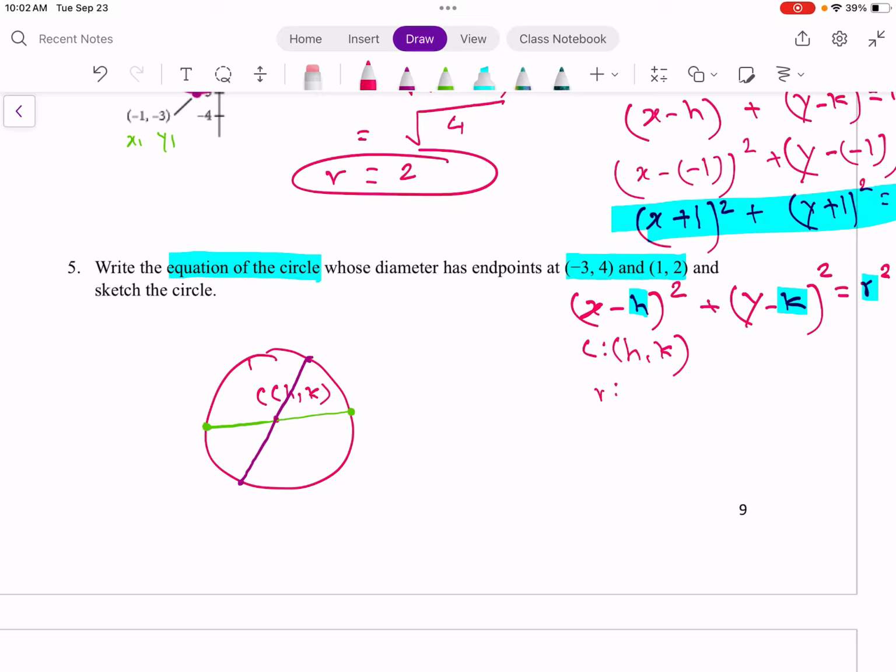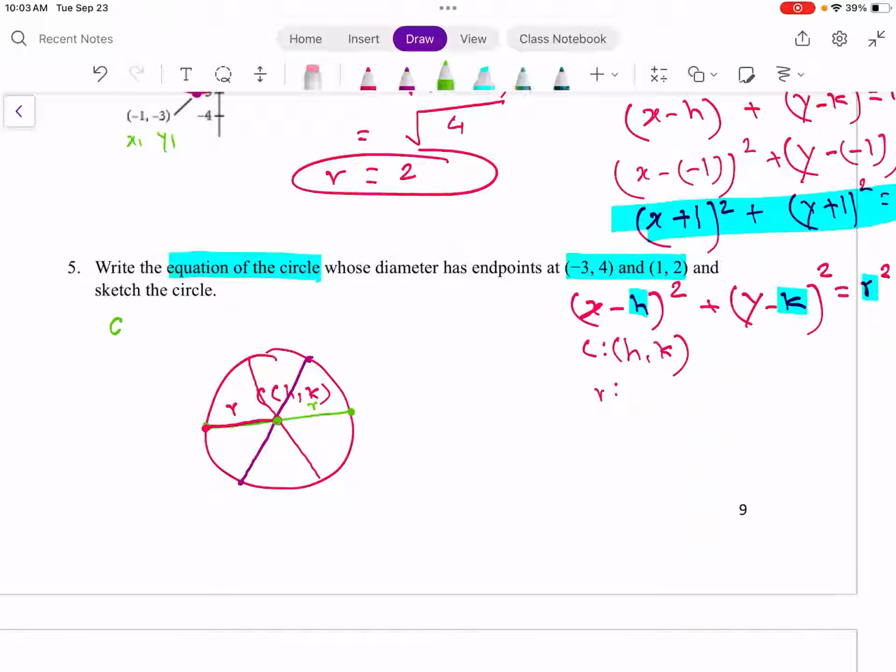It has to pass through the center. From the center to any point on the circle, this is the radius, and from the center to any other point, this is also the radius.